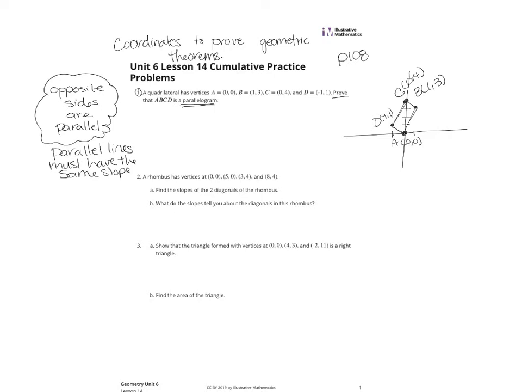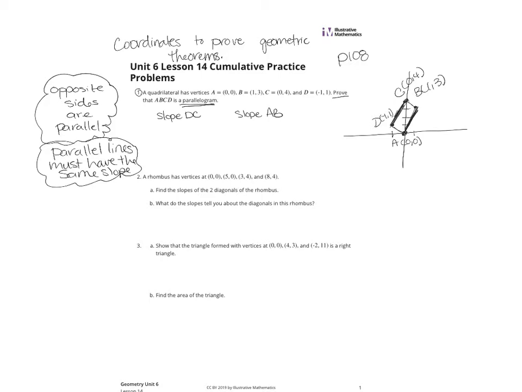So to do this problem, I'm going to show opposite sides have the same slope. So I'd like to show that the slope of DC and the slope of AB are the same because DC and AB are opposite of each other.